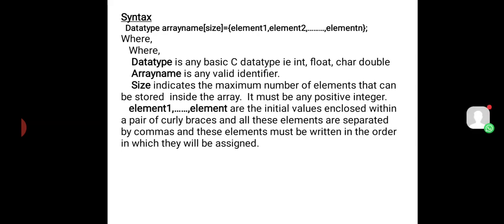Size indicates the maximum number of elements that can be stored inside the array. It must be a positive integer. Element 1 up to element n are the initial values enclosed within a pair of curly braces, and all these elements are separated by commas, and these elements must be written in the order in which they will be assigned.